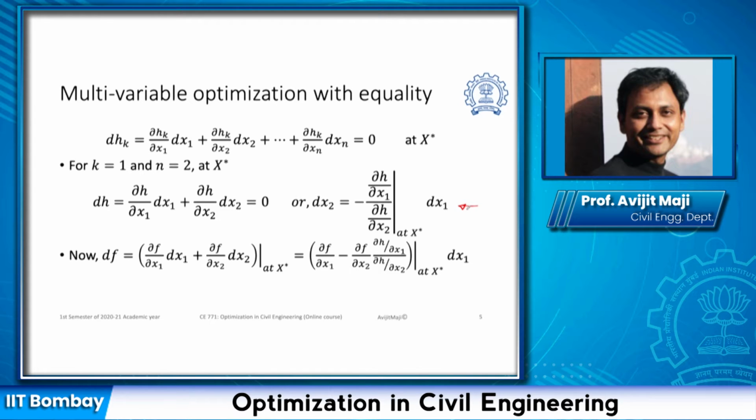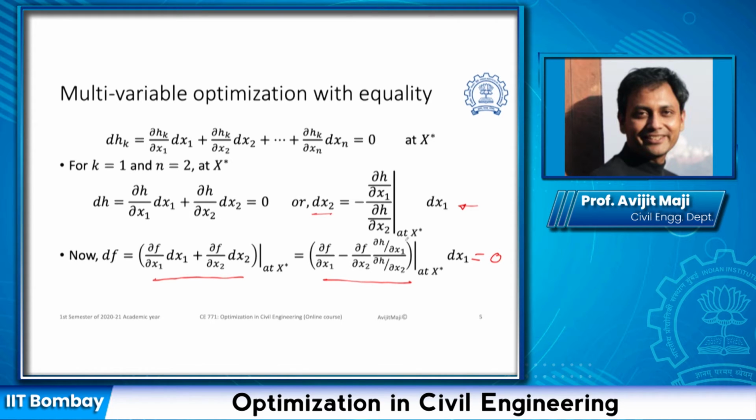Now if we replace the term dx2 in the first order derivative of the objective function, which for two variables looks like this, then we get this term, and this is supposed to be equal to 0.